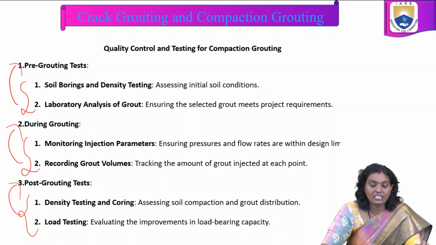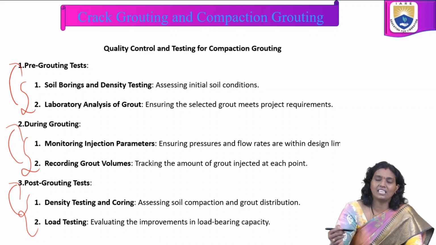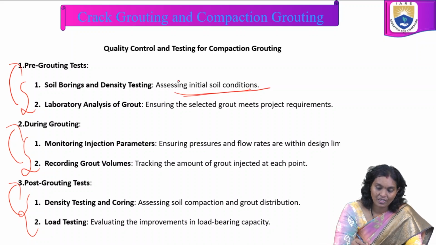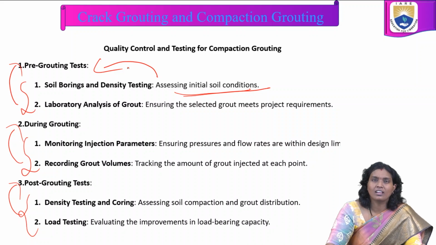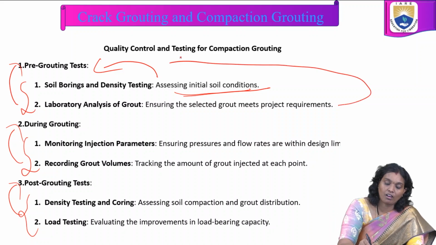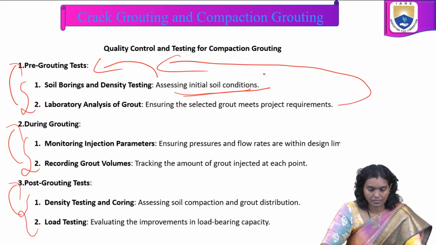In soil borings and density testing, we assess initial soil conditions as a part of the pre-grouting test. Ensuring the selected grout meets project requirements is also part of the pre-grout test. During the grouting, ensuring the pressures and flow rates are within the design limits.